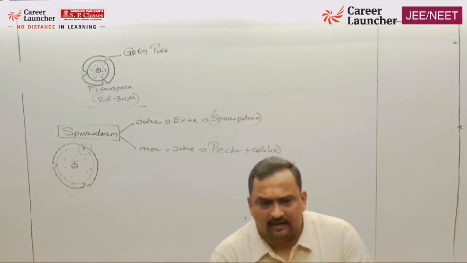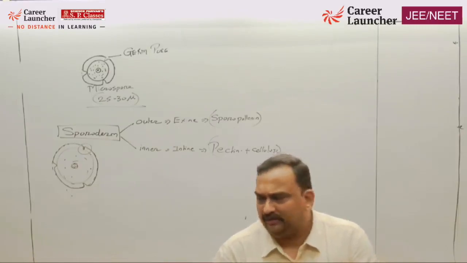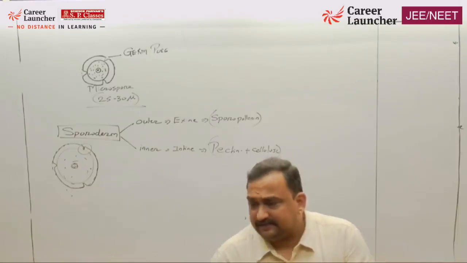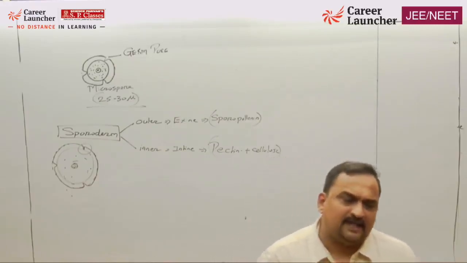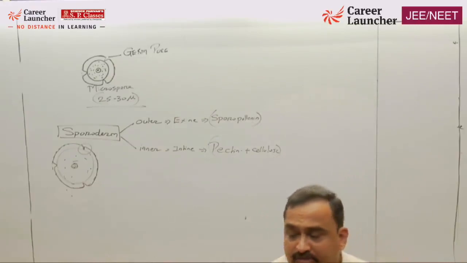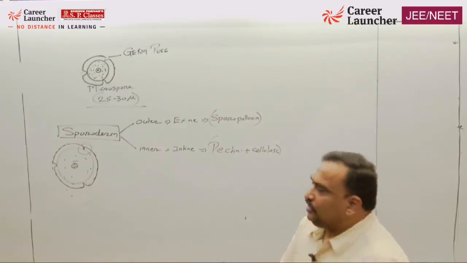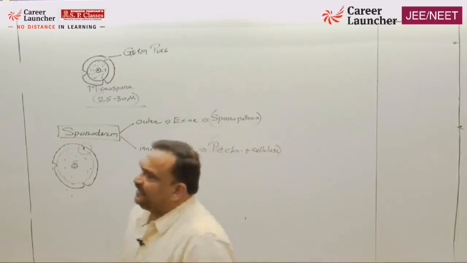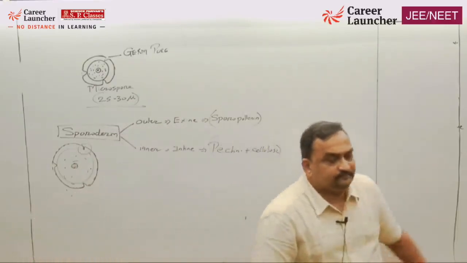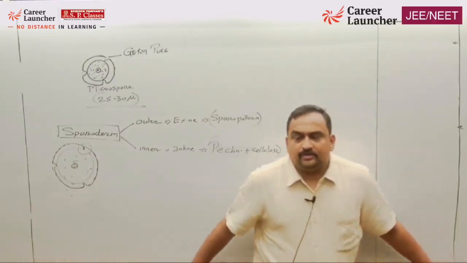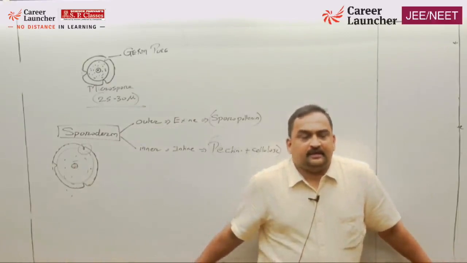Second, it is going to be acid resistant, alkali resistant. Sporopollenin is the hardest naturally occurring substance.